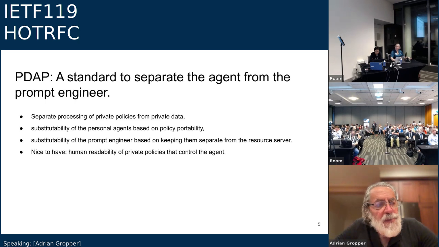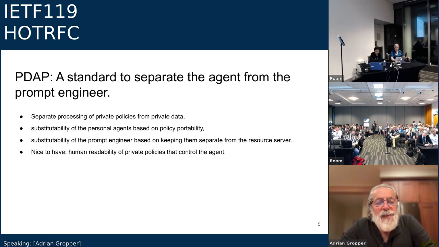GNAP does not consider any particular use case, such as the one we're talking about here of authorizing access to personal data for a large language model, or building communities that would advise people on how to run and what policies to use to control such access.